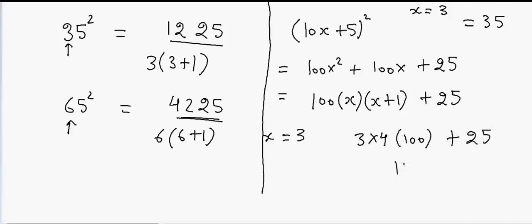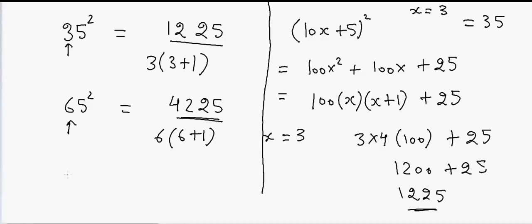So that will give me again 1200 plus 25. So we'll get 1225. So this is how this trick works. So basically we are adding 1 to the first digit, multiplying it with the first digit, multiplying by 100, and then adding 25 in the end.